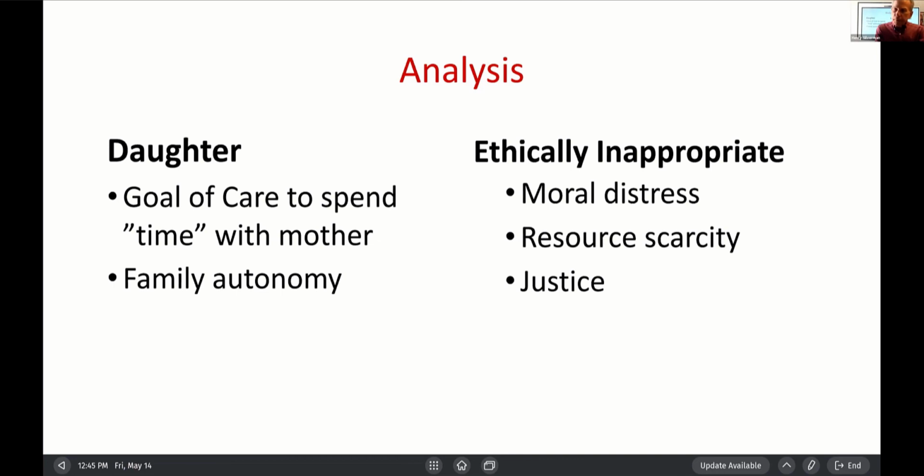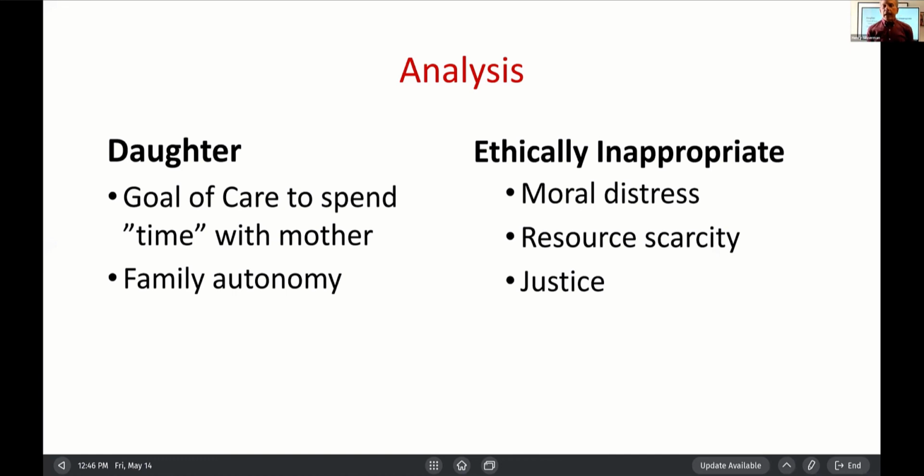Yes. There is resource scarcity. We're turning down other patients who need ECMO. Now, I happen to agree with the thought that we should sometimes relieve the burden of decision-making on family, and we don't have to go to court to do that.